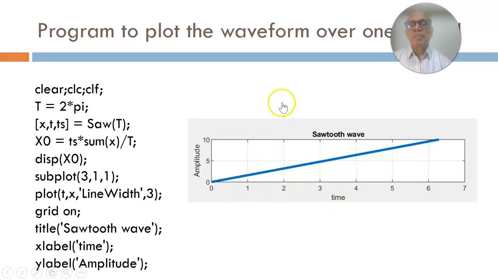So this is how the waveform xt looks like. Now you want to calculate the spectrum. DC component we have already calculated and it can be displayed, and you can convince yourself that it will be very close to 5. I am saying close to 5 because usually in all discrete calculations there will be some minor errors. So it may not be exactly equal to 5, but around that.